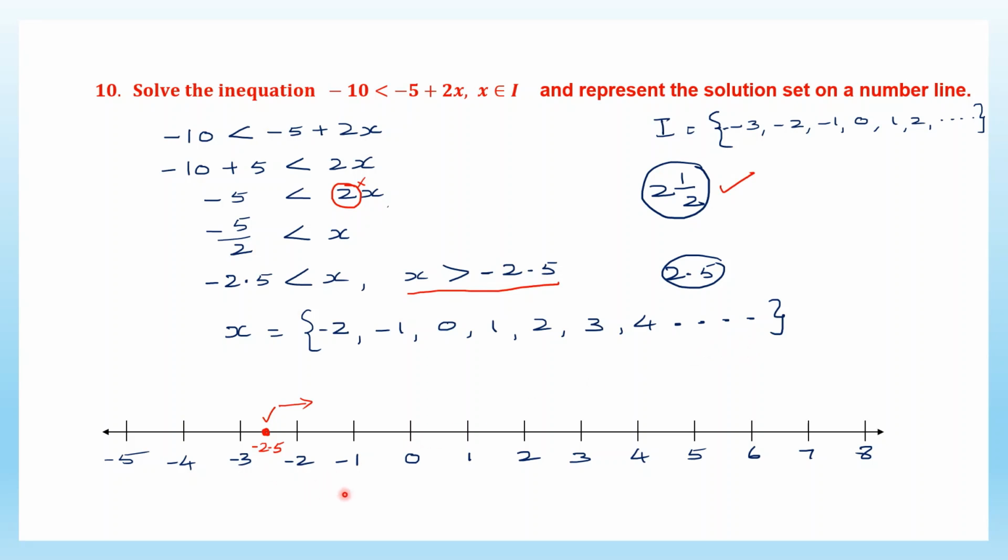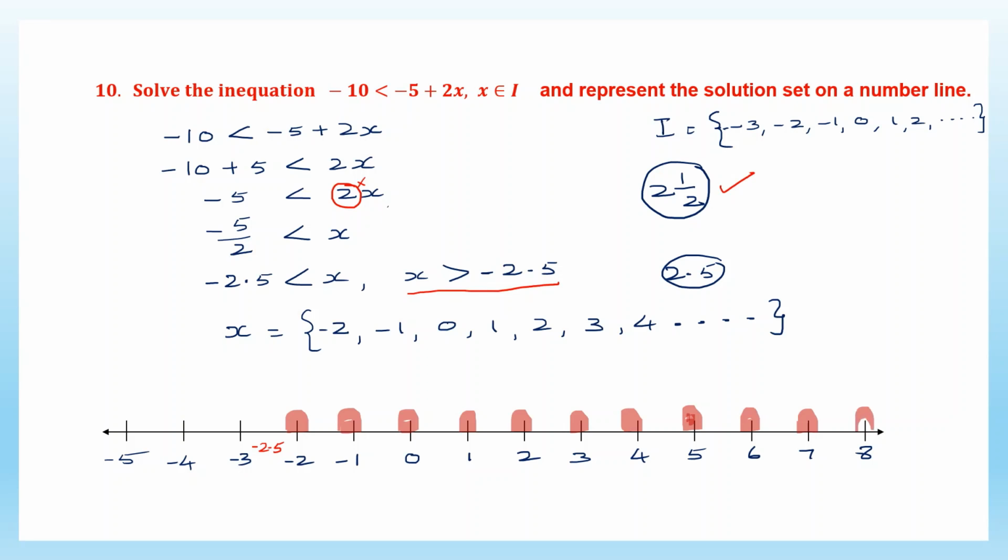Now let's show this on the number line. So all numbers greater will be from minus 2. So minus 2, minus 1, 0. Then we have 1, 2, all these numbers to the right of minus 2.5. All the numbers. Since we have all these numbers on the number line, let's highlight it.